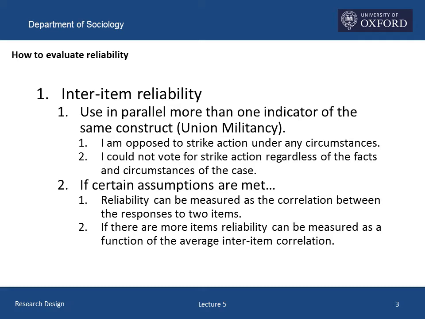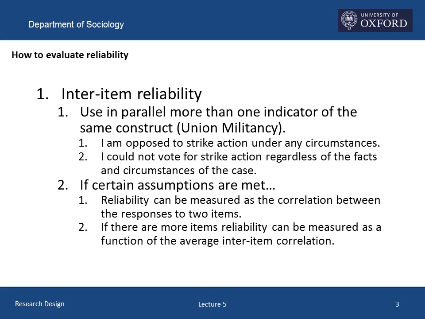Let's say that we're interested in measuring trade union militancy. We might come up with a couple of equivalent measures of the idea. For instance, we might get our respondents to respond to items like, "I'm opposed to strike action under any circumstance," and alternatively, "I could not vote for strike action regardless of the facts and circumstances of the case."